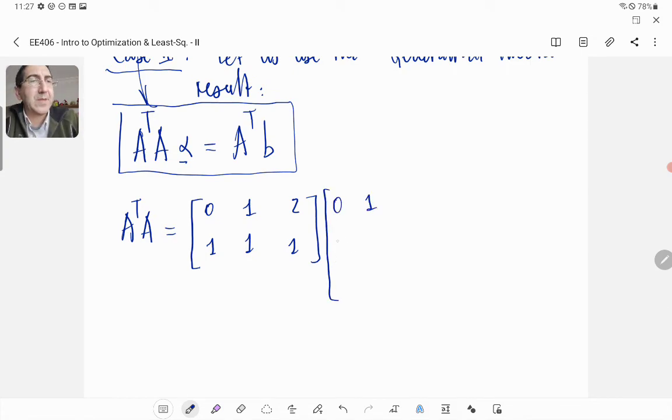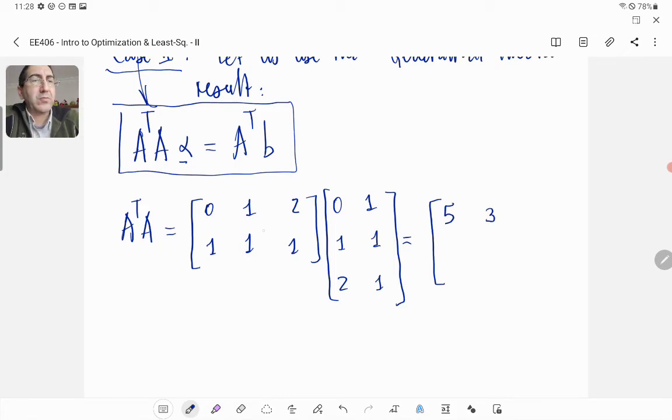So A transpose A is 0, 1, 1, 1, 2, 1 times A. This will be a 2 by 2 matrix. So let's see, 0 times 0 plus 1 times 1 plus 2 times 2, that's going to make a 5 over here. 0 times 1 is 0, 1 times 1 is 1, 2 times 1 is 2, so I have a 3 here.